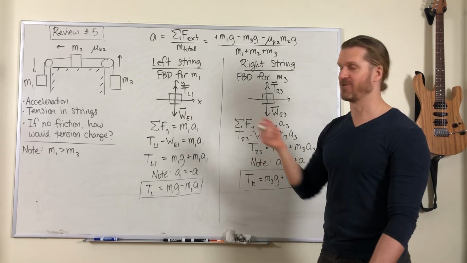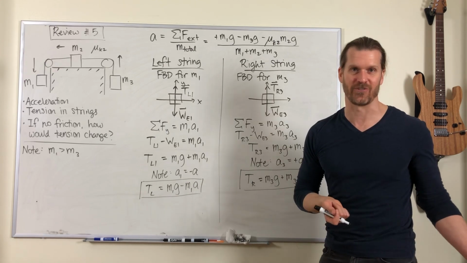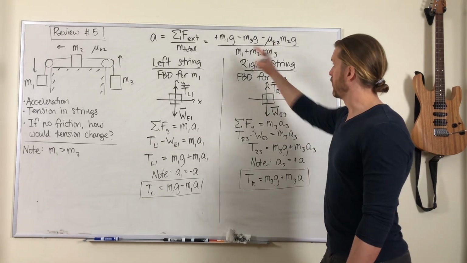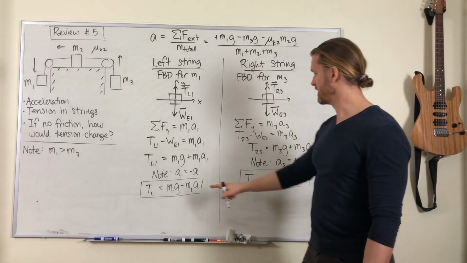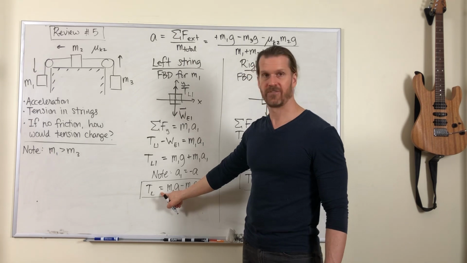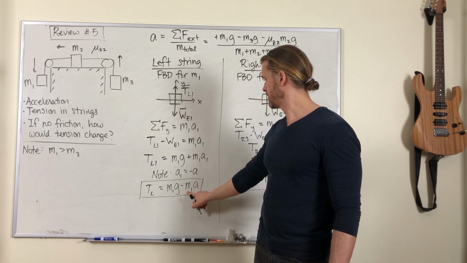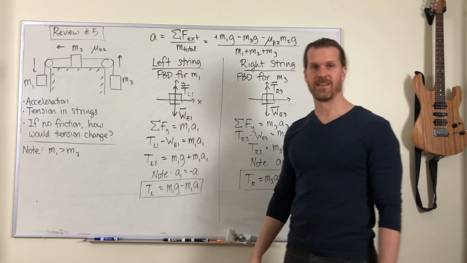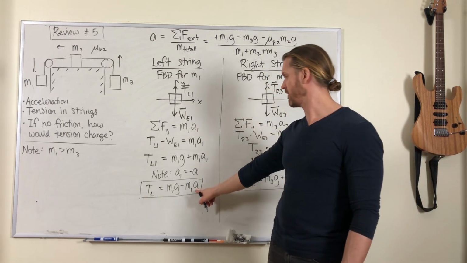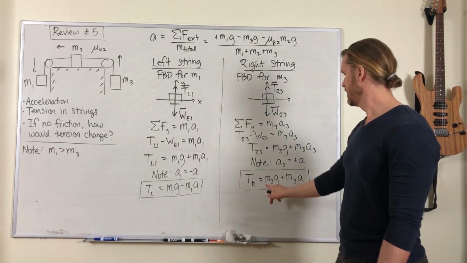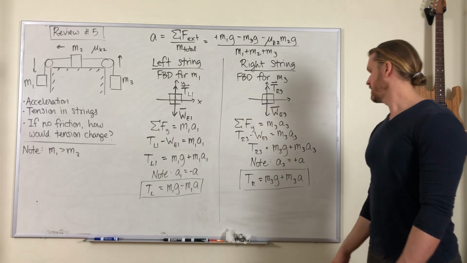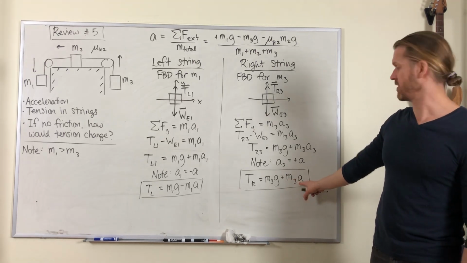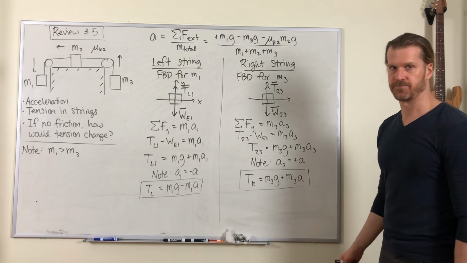It'd be a larger value, which makes sense. If there's no friction slowing the system down, it's going to accelerate faster. So A will have a larger value, which means that the tension in the left string will be smaller, because A has a bigger value and this term is getting subtracted, and the tension in the right string is going to be bigger, because A gets bigger and this term gets added.